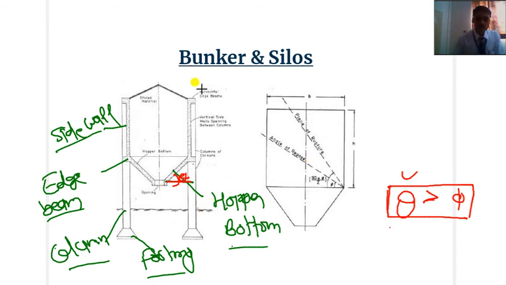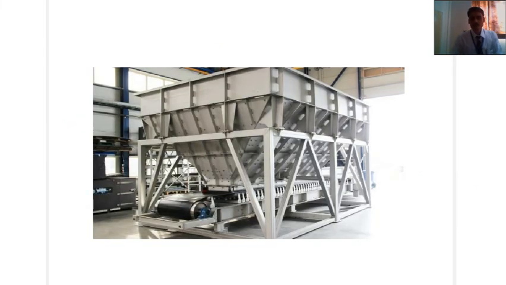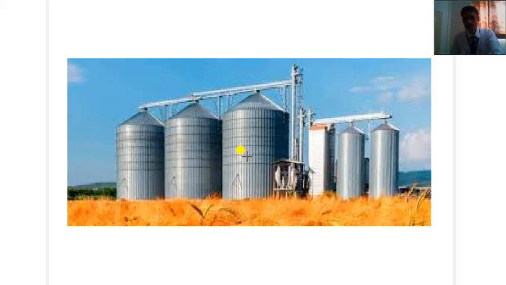Okay. And if we talk about the design criteria, design of bunker and silo, here first of all we will discuss the design of bunker. That is the basic shape of bunker, and that is the basic shape of silo.